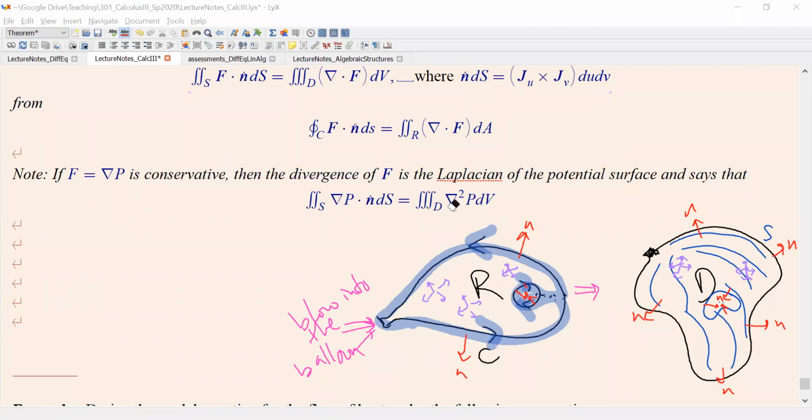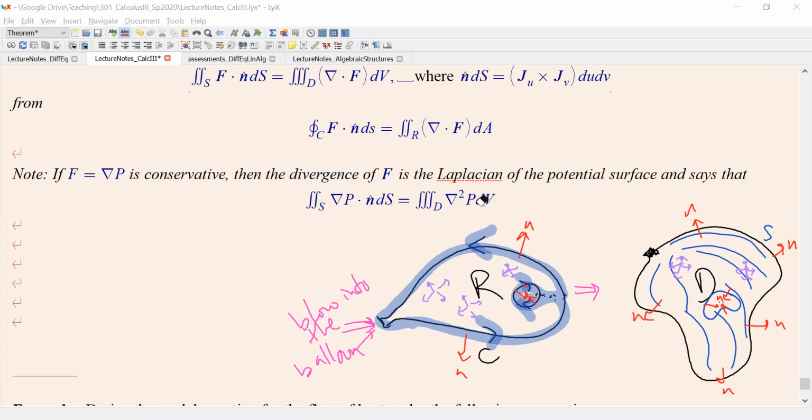If F is conservative, then the divergence of our field is the Laplacian of the potential surface. So there's our Laplacian, just hanging out, waiting to be activated if we have a conservative field.